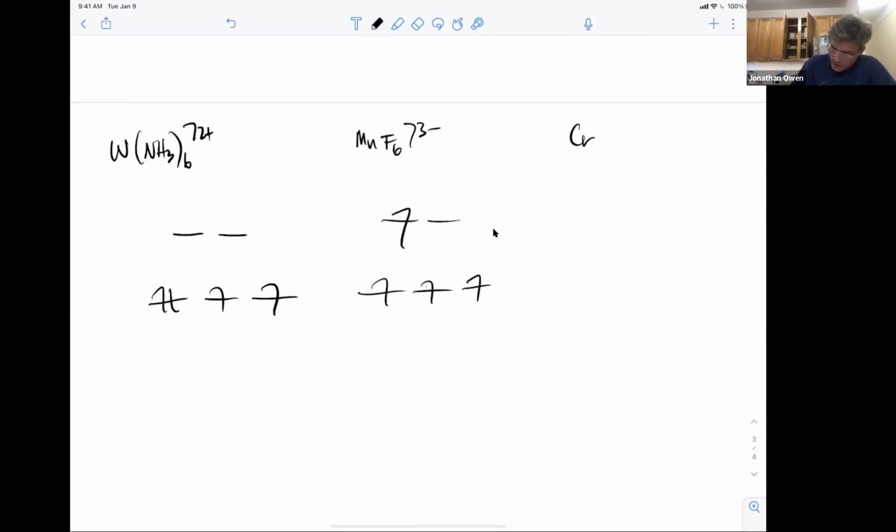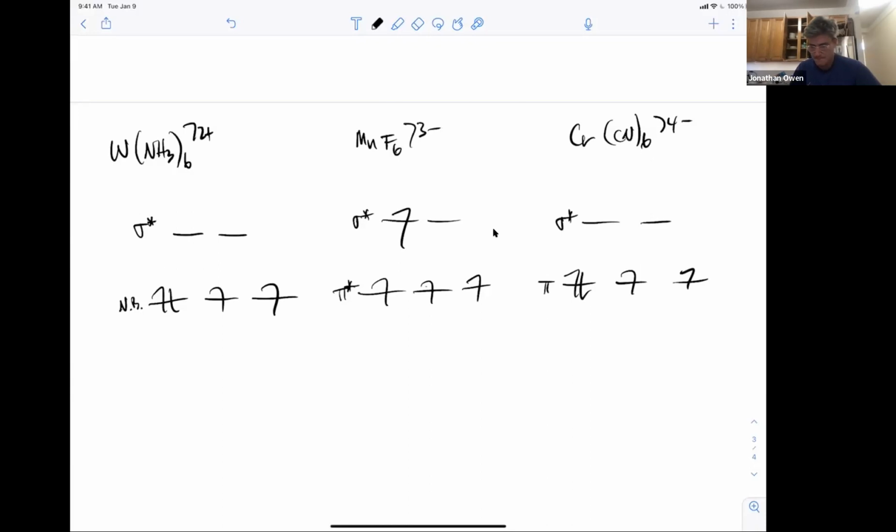And we've got chromium hexacyanide 4 minus, which also looks like that. Let's give these some labels. Sigma star, non-bonding, sigma star, pi star, sigma star, and pi.